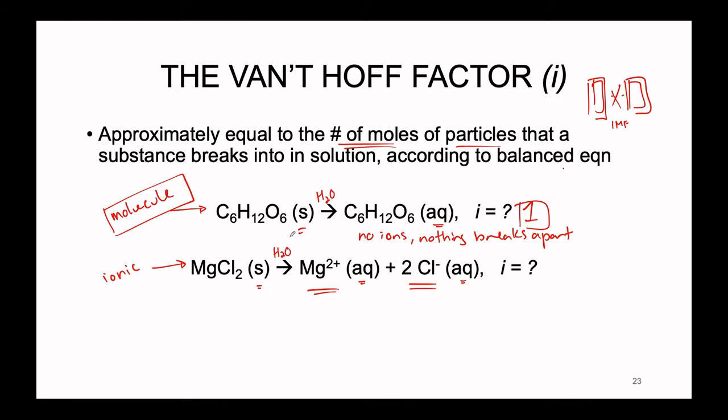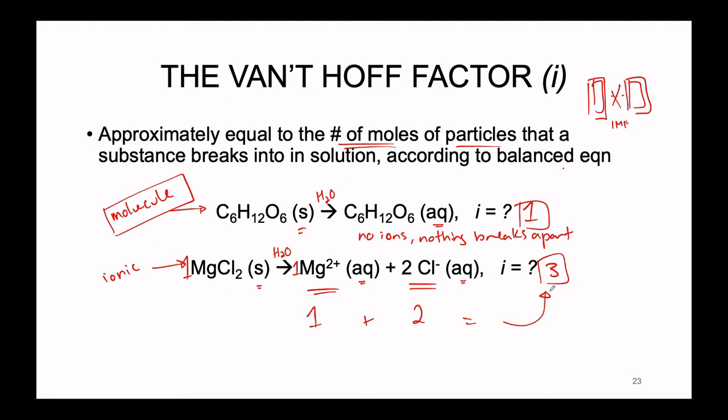They have, as we can see in the chemical equation though, gone from 1 piece to a total of 1 plus 2 equals 3 pieces, right? 1 magnesium ion plus 2 chloride ions equals a total of 3 pieces that have broken apart in solution as the result of the magnesium chloride dissolving.